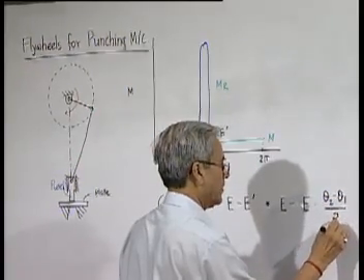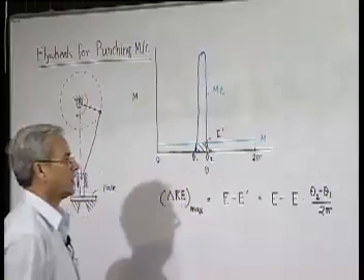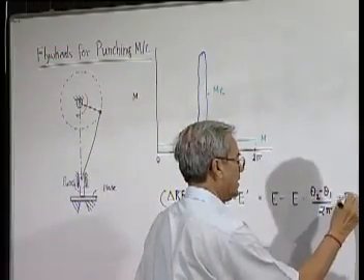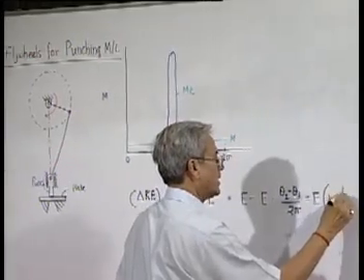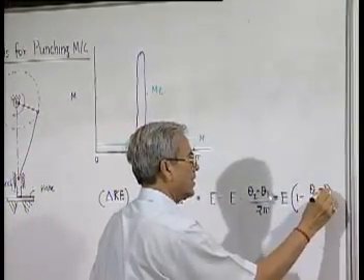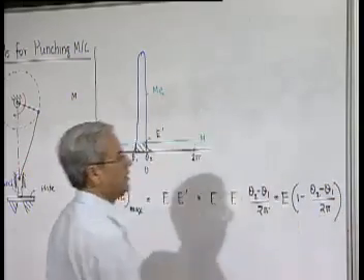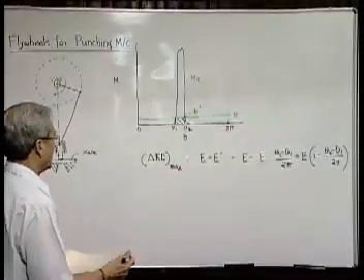Approximately you can consider this, or this is nothing but E 1 minus the rotation of the crank during which the punching operation is accomplished. Approximately, of course, remember.